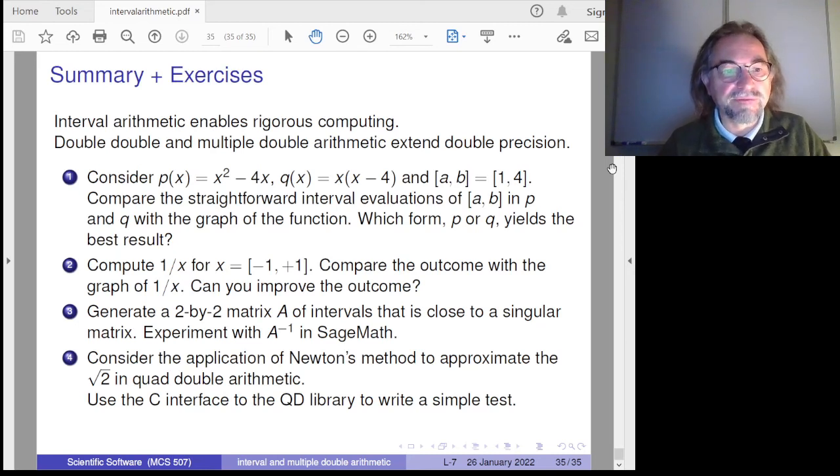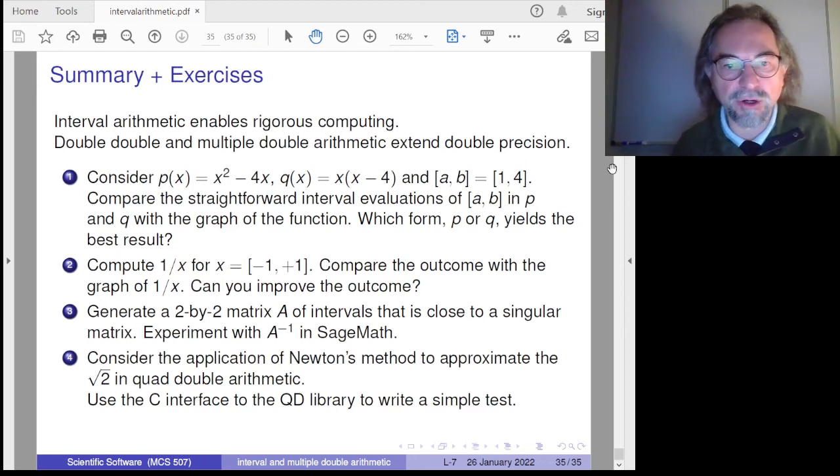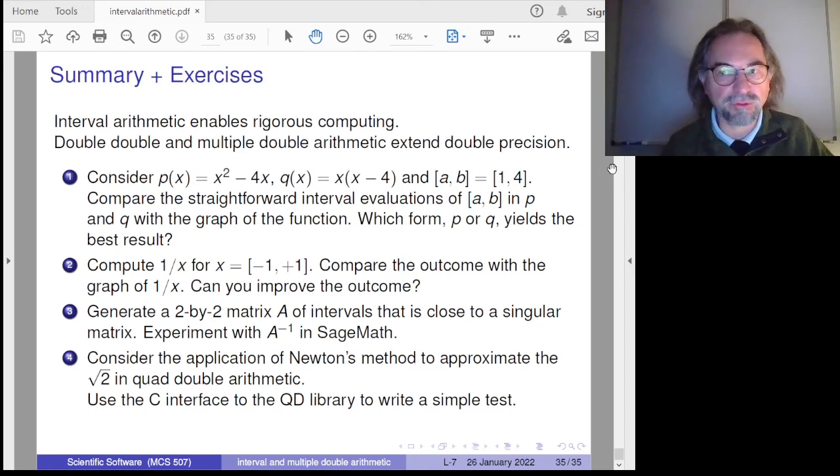The third exercise is more open-ended. So in my experiment, earlier on the slides, I actually took a matrix that was very well conditioned. So I could still invert it while providing very wide intervals.